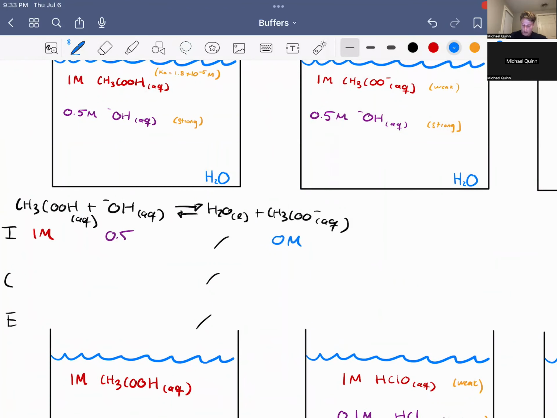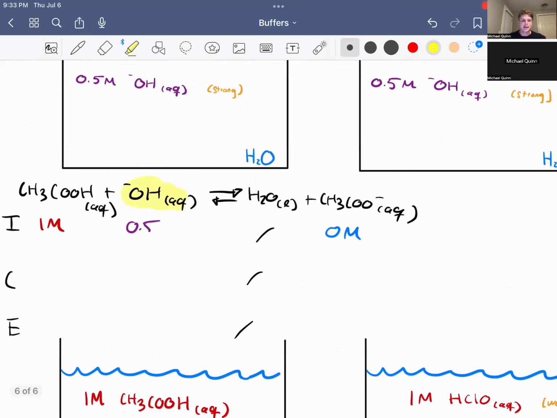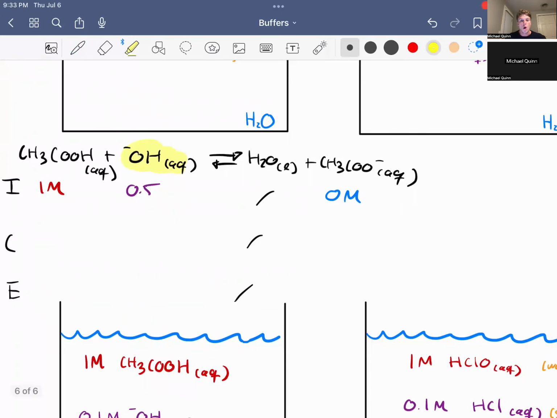Now, remember, when we are working with a strong acid or base, like we are in this case, we have a strong base. This will react to completion with however much of that strong acid or base we have. We can essentially think about this like a limiting reagent type problem. OH minus will be our limiting reagent. It has 0.5 molar and CH3COOH has 1 molar. So we are going to run out of our OH minus first.